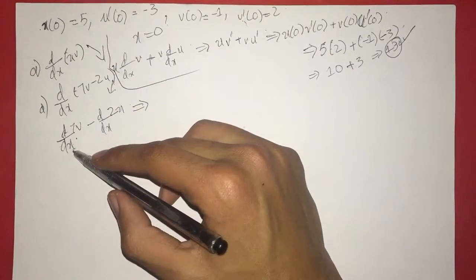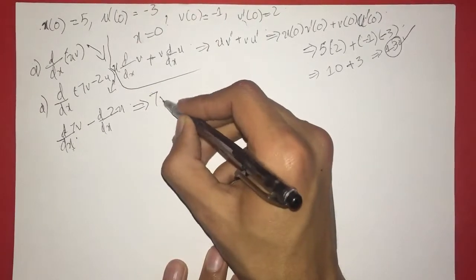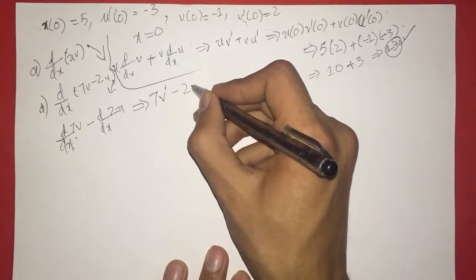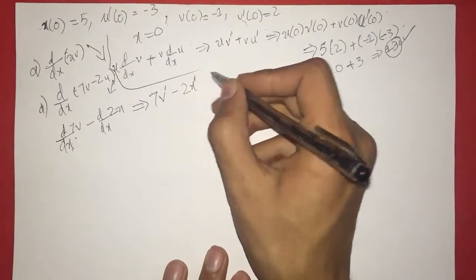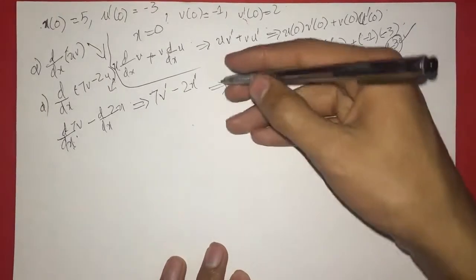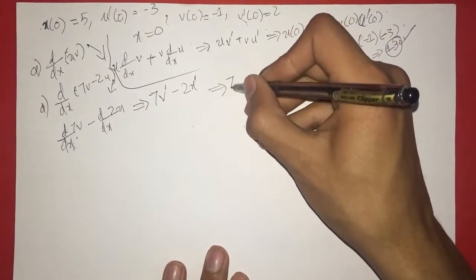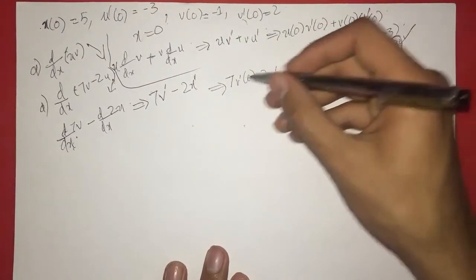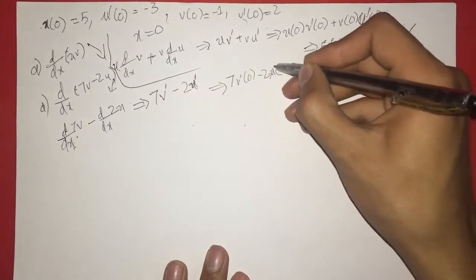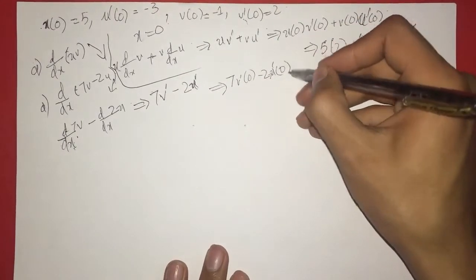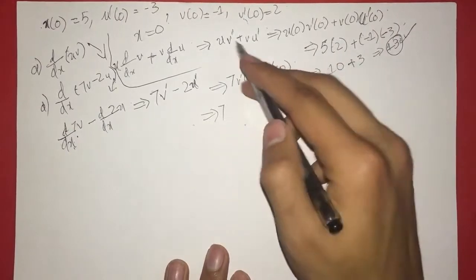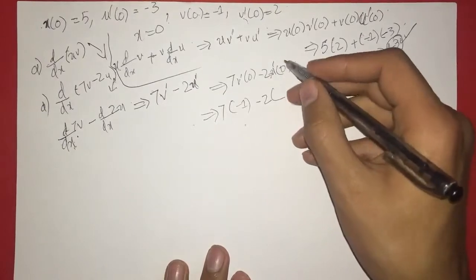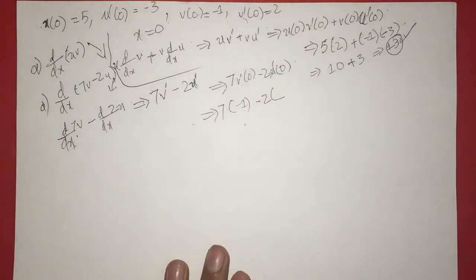Taking the derivative with respect to x, that will be equal to 7 v derivative minus 2 u derivative, and we are finding the derivative at point 0. So 7 v dash of 0 minus 2 u dash of 0. So v dash of 0 is -1. 7 into -1 minus 2 into u dash of 0, which means u derivative of 0 is -3.